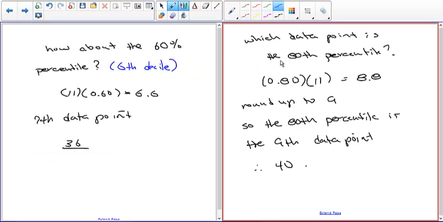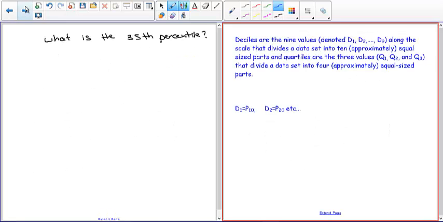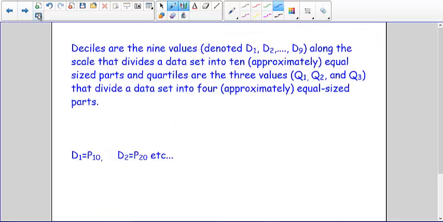And this one would be the 8th decile. If somebody asked you, and I'm not going to ask you on a test, to find what number corresponds to the 8th decile, you just say, oh, that's the 80th percentile, and use the same procedure. So the first decile is the 10th percentile, etc.